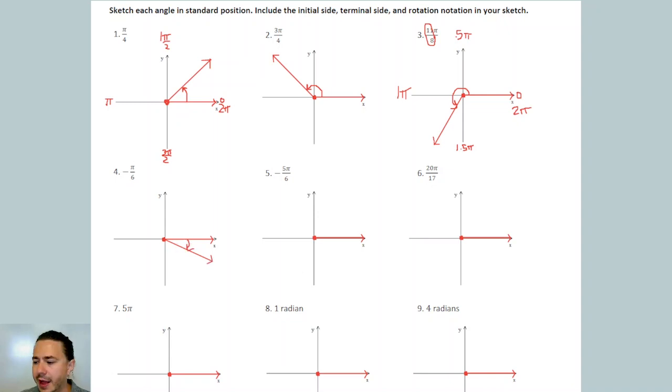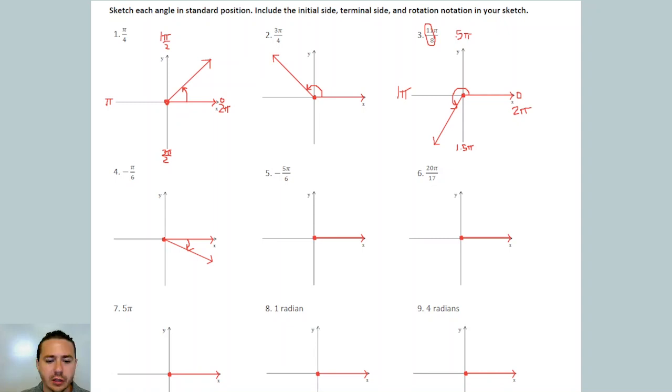Negative 5 pi over 6. So 5 over 6 is going to be pretty close to 1, right? 6 over 6 would be 1. So 5 over 6 would be pretty close to 1.